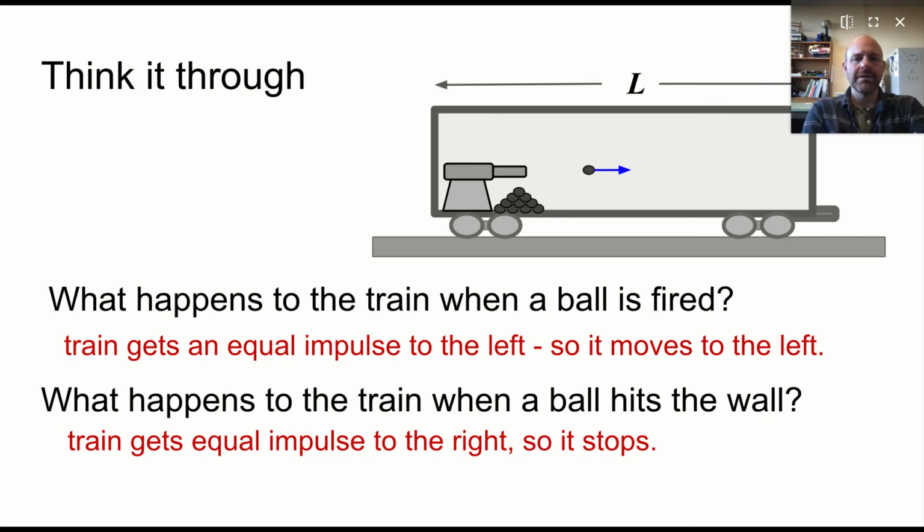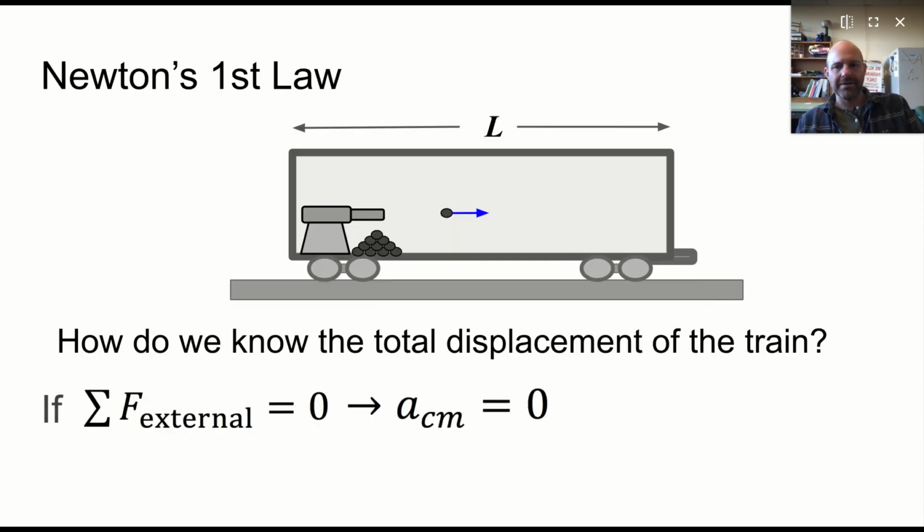What happens to the train when the ball is fired? Well, at first the ball goes to the right, the train moves a little bit to the left. When the ball and the train hit each other, they collide and fall down, and then it stops it. So every time you fire it, the train moves a little bit to the left. So how could we figure out the total displacement of the train? Well, if the net external force is zero, the acceleration of the center of mass is zero.